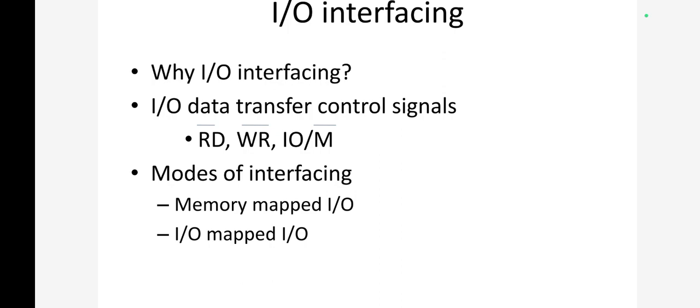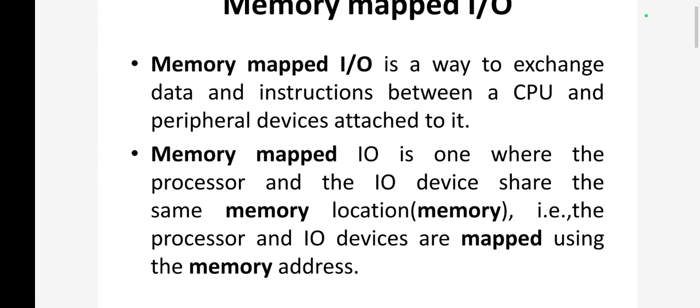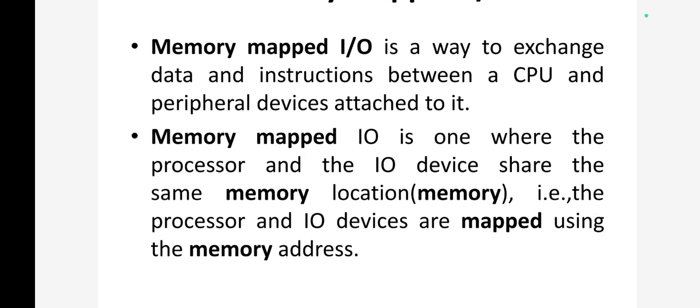memory mapped input output and input output mapped input output, which are roughly called memory mapped IO and IO mapped IO. Memory mapped IO is a way to exchange the data and some of the instructions between the microprocessor and the peripheral devices attached to it, where the processor and the input output devices share the same memory.